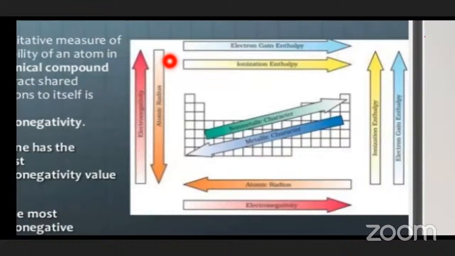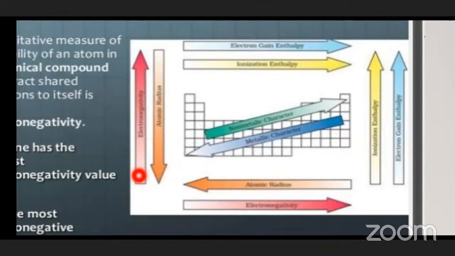In which manner do we need to understand it? Wherever the sharp edge of the arrow is, towards that side the property is increasing. So what property is there? Atomic radius. From top to bottom in groups, atomic radius increases. Where the sharp edge is, that indicates an increase.